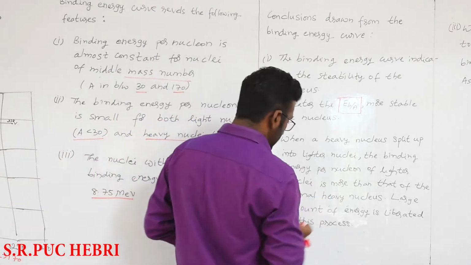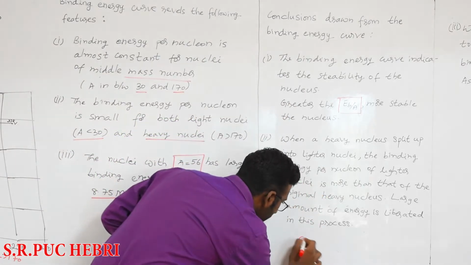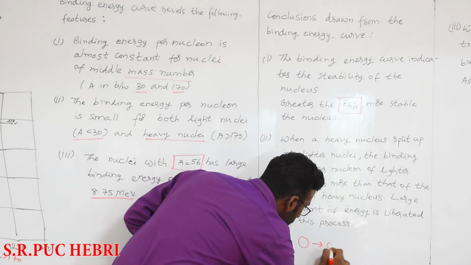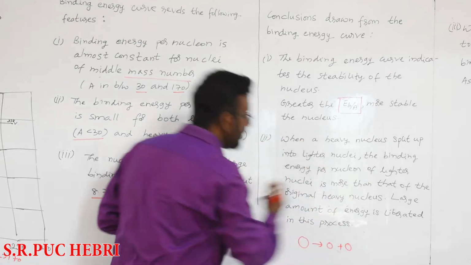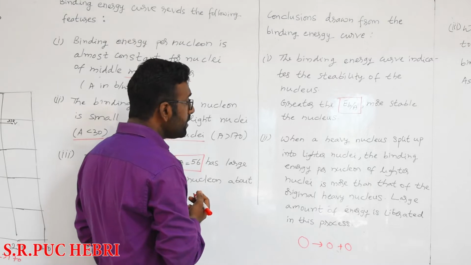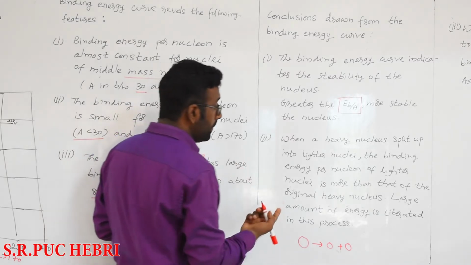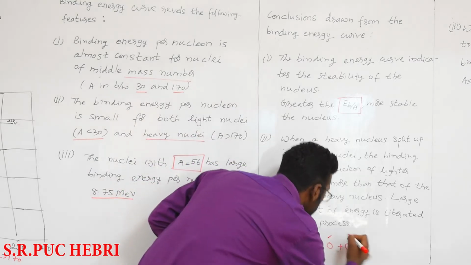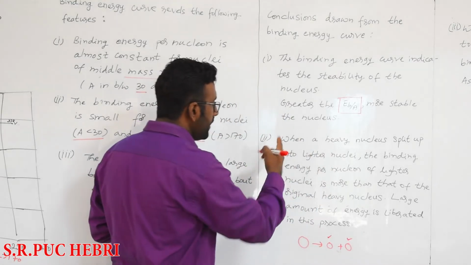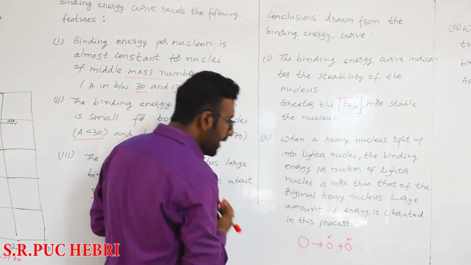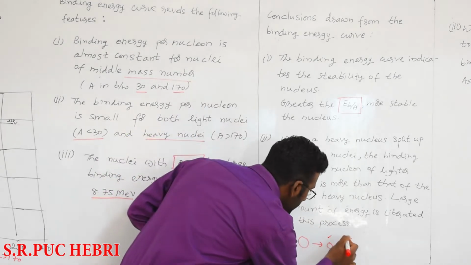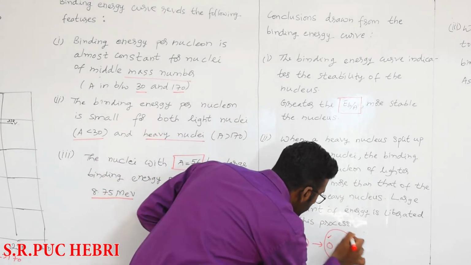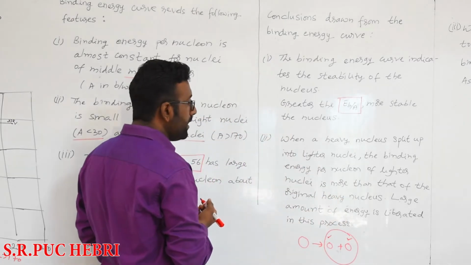When a heavy nucleus splits into two lighter nuclei, the binding energy per nucleon is greater for the lighter nuclei.